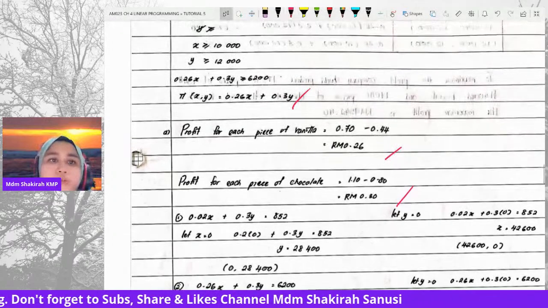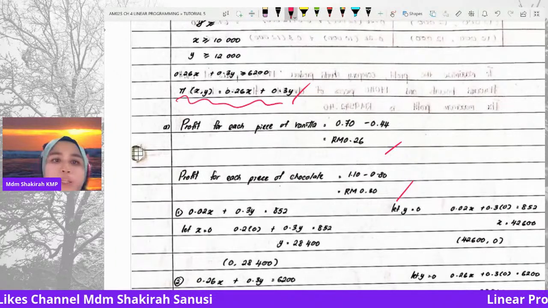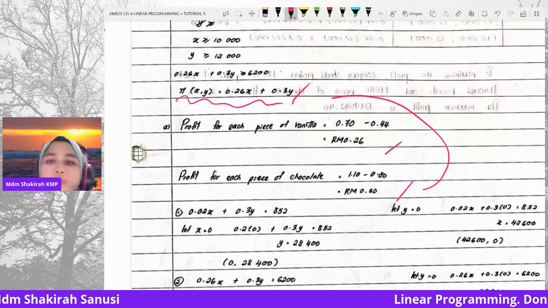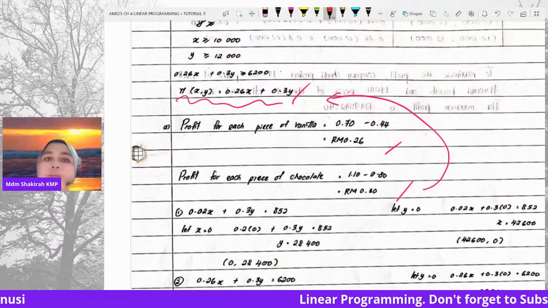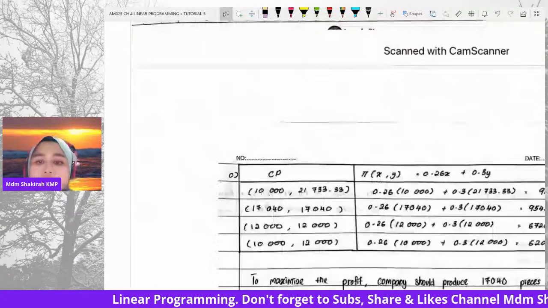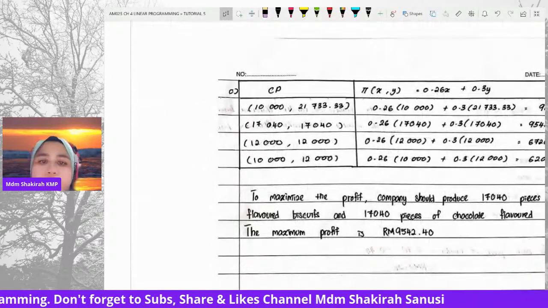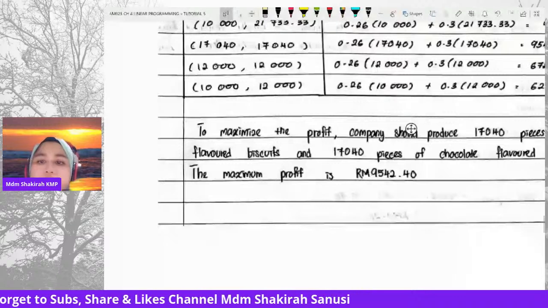Okay, sepatutnya lah kan. Sepatutnya sebelum awak buat ni, you kena kira ni dulu. Kira ni baru you pergi kepada sini. Okay, baru you dapat. Okay, and then go for the linear inequalities. Find the region. Mari kita tengok region kawan awak.